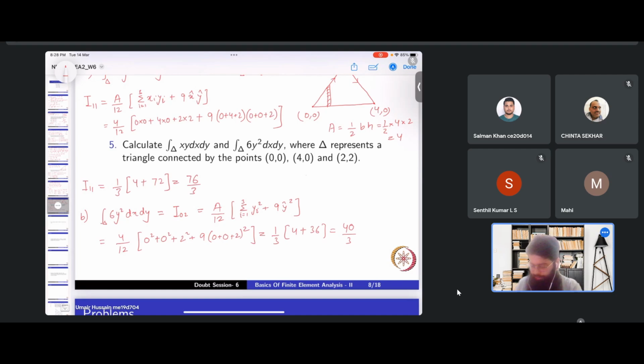There's no way to do this area integral on a calculator. Otherwise, I would have confirmed these answers. Okay, if there's any doubt, please let me know. Otherwise, we can move forward.